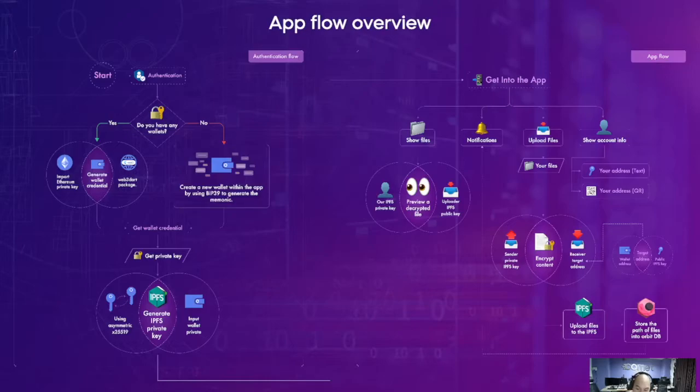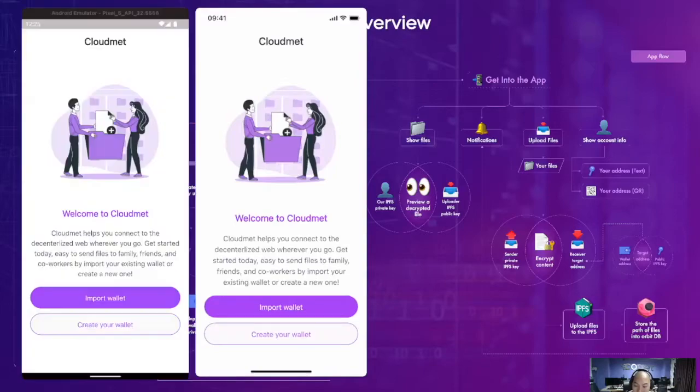So we're going to do a demo now. On the left side, you'll see the Android device, and on the right side, my iOS device, which I'm going to use to send a file to the Android device. First we're going to create a wallet on the iOS one.